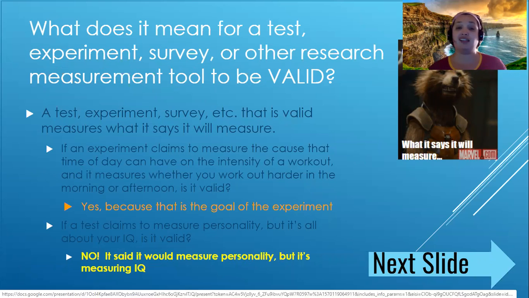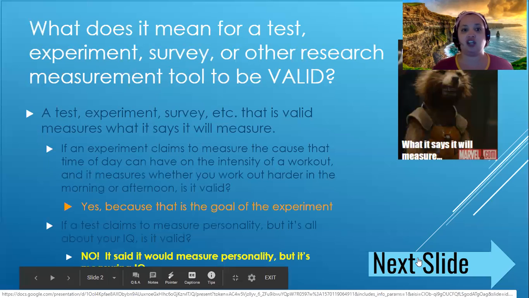But let's say you take a personality test and it measures your IQ, is that valid? Well, I mean, IQ is, I guess, useful to know in some cases, but that's not your personality. I mean, that can't be reduced to a number. So it's not valid because it's not measuring what it says it will measure. And so that's really important as you're looking at this.